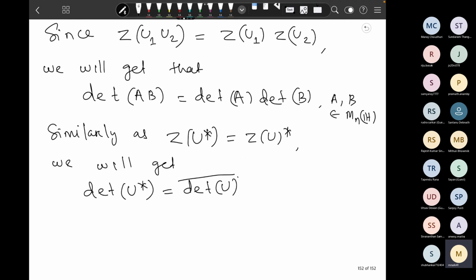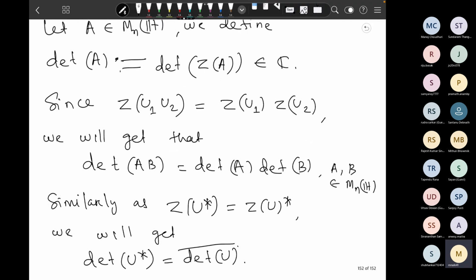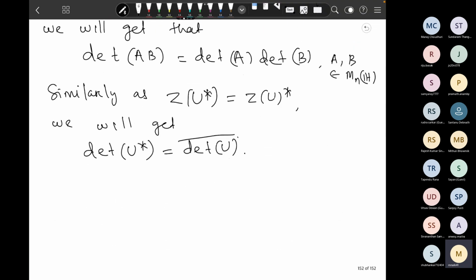So this is the thing we will get. Similarly, if I am talking about the determinant of some quaternionic matrices, then you must understand that this is the notion of determinant.